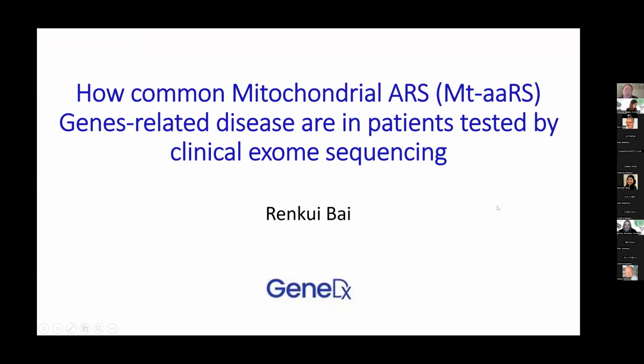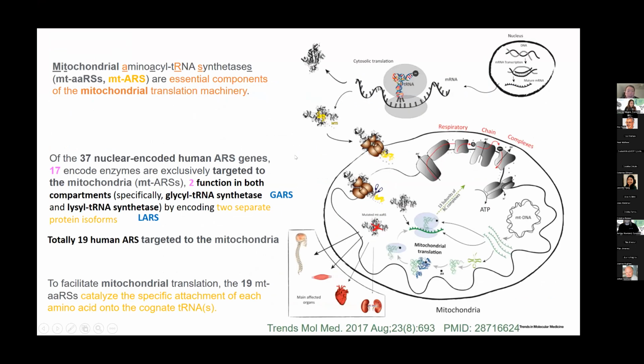I just now want to show how common mitochondrial ARS gene-related disease is in patients tested by clinical exome sequencing at GeneDx. So mitochondrial ARS genes are essential. ARS are an essential component of the mitochondrial translation machinery.